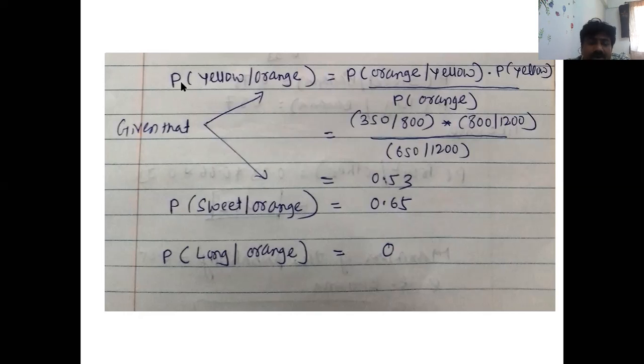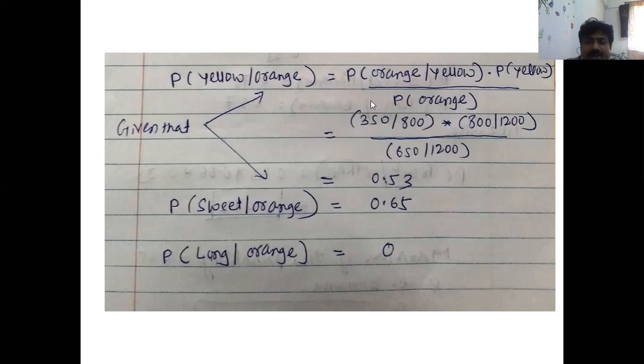So the computation: probability of color is yellow given the fruit is orange is equal to probability of fruit is orange given color is yellow into P of yellow divided by P of orange. Now this is the formula: probability of A by B is equal to probability of B by A into probability of A divided by probability of B. Okay.